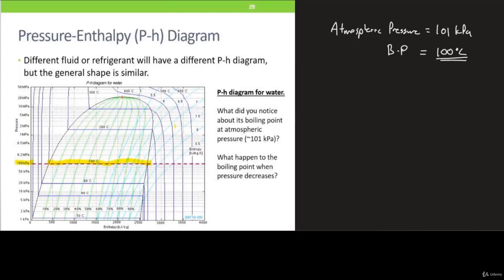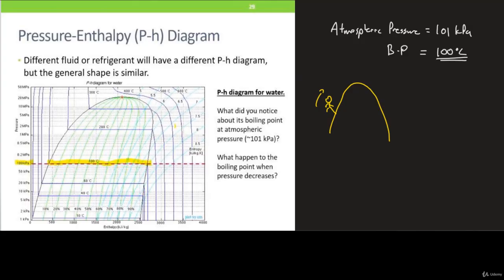But what happens if, for example, we go mountain climbing and move up in altitude? What happens to the boiling point? If you want to boil some water over the fire, you will notice that the water boils very fast, but the water is not that hot.